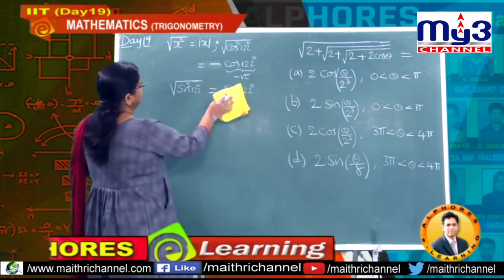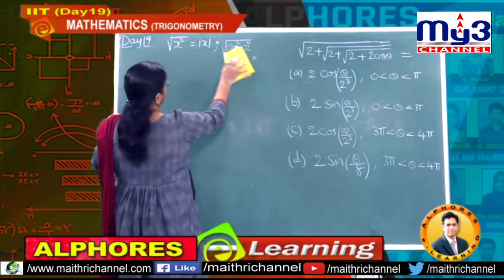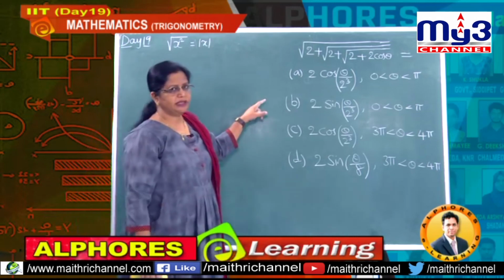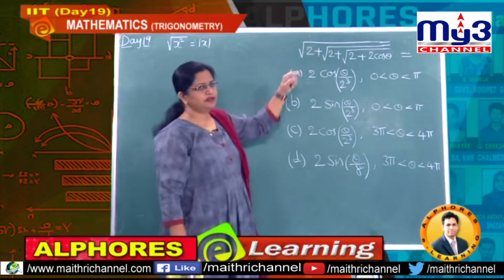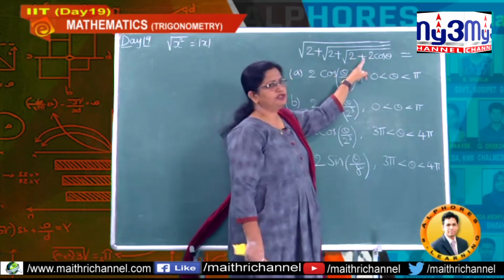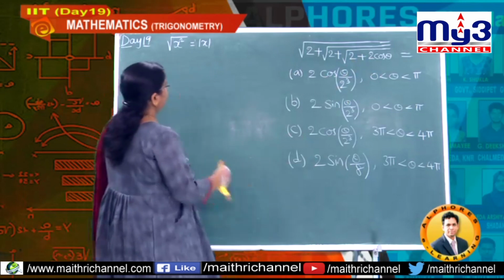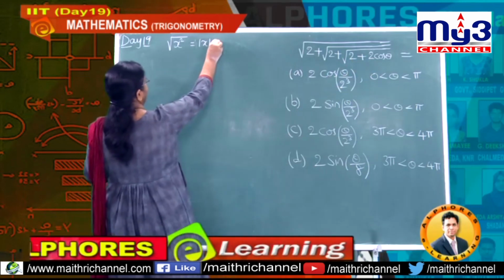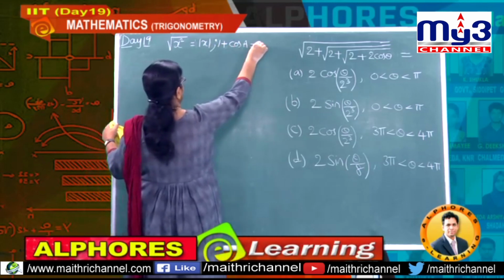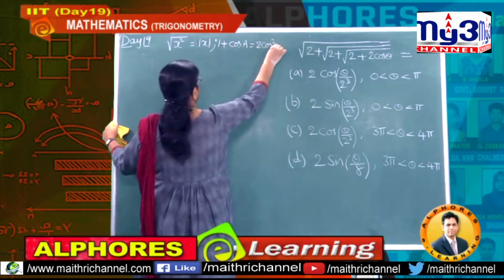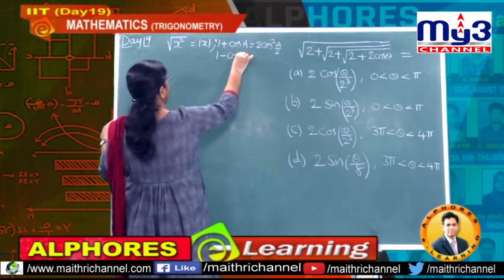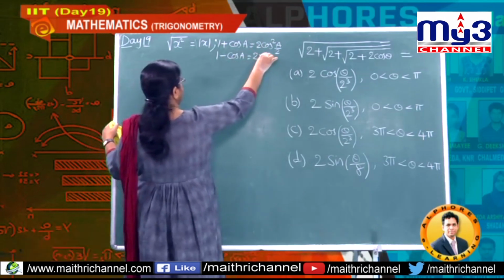Now what is the data in the problem? The data given is under root of 2 plus, and so on, and you have 2 plus 2 cos theta. Now students, if I take 2 common, the other two formulae you are going to make use of are: 1 plus cos A is nothing but 2 cos square A by 2, and the other formula is 1 minus cos A is 2 sin square A by 2.